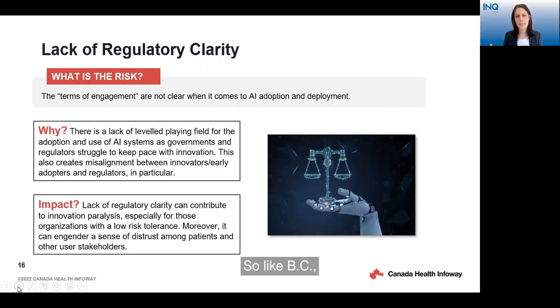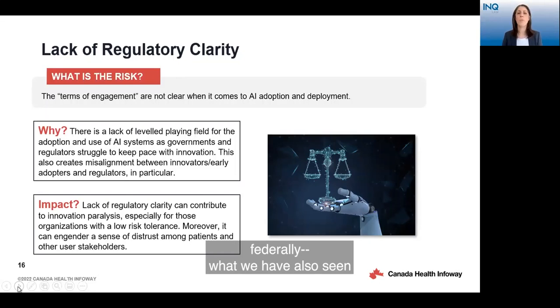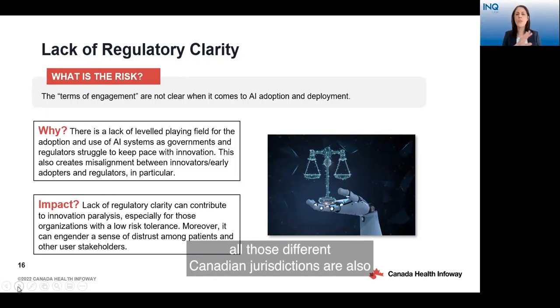So like BC, Yukon, and the OPC, the Office of the Privacy Commissioner federally, what we have also seen in draft law in Canada to reform Canada's private sector privacy law, all those different Canadian jurisdictions are also calling for impact assessments of AI systems.